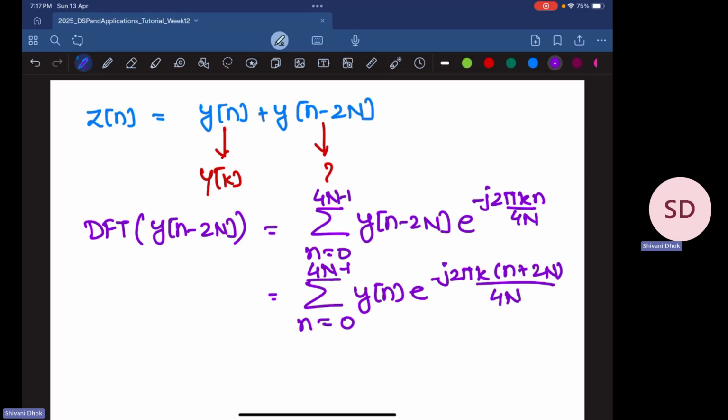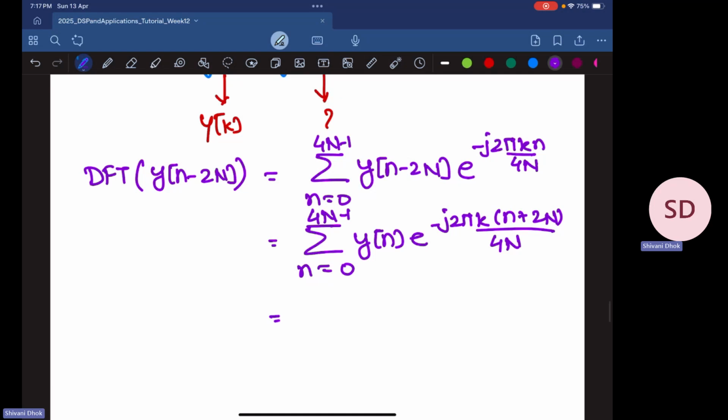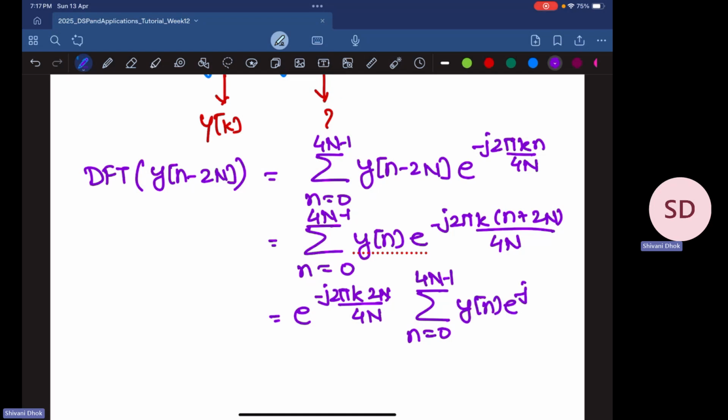I'll request you to see this proof nicely in your free time. So this is basically e power minus j 2 pi k 2N by 4N into summation n from 0 to 4N minus 1 of y of n into e power minus j 2 pi k n by 4N.